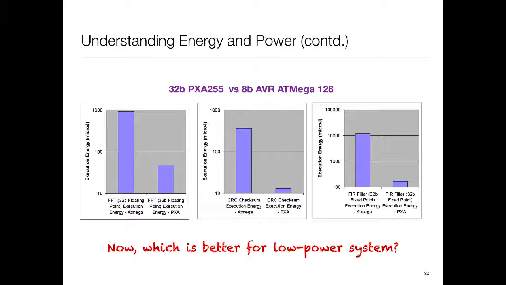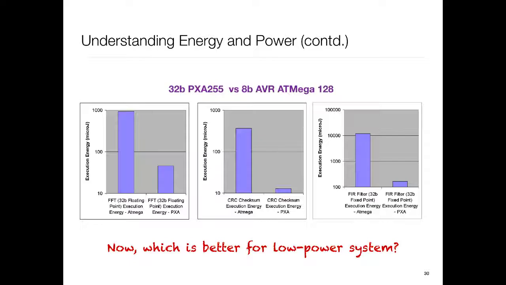So in this case, what I've shown is for 3 different computations: FFT, CRC, which is the cyclic redundancy checksum, and an FIR filter. What you see out here on the left hand side in each plot is the execution energy for the 8-bit processor, and the right one within each plot is the execution energy for the 32-bit processor. And the scales are different. So here the scale goes to 1000, and here it goes to 100,000. But the key observation is in each one of these cases, the energy consumed by this function is a lot less.